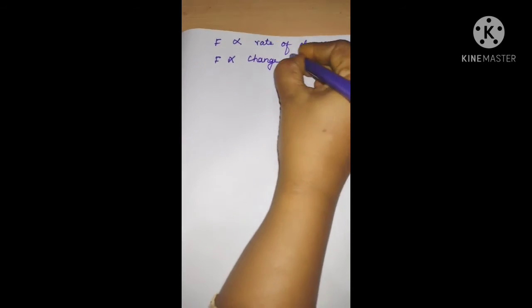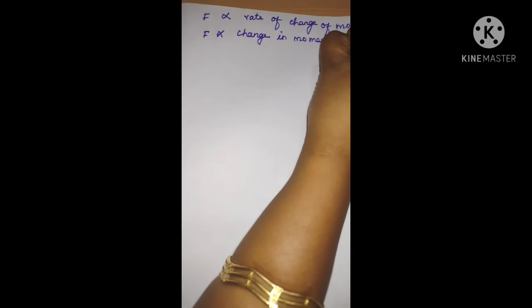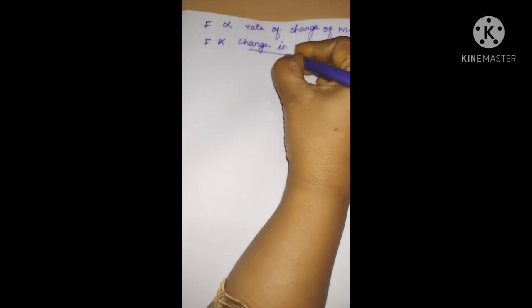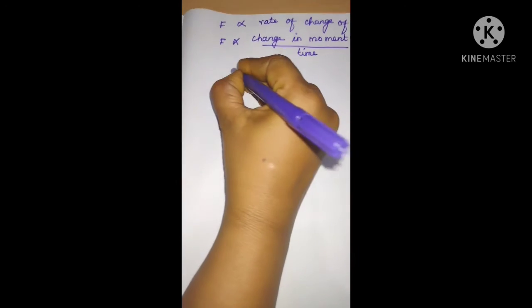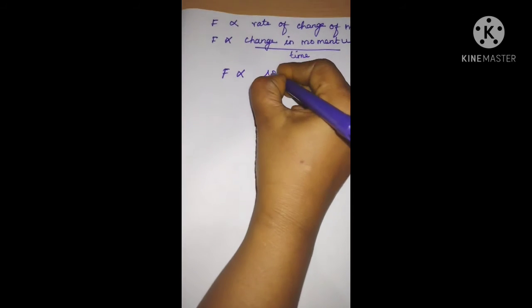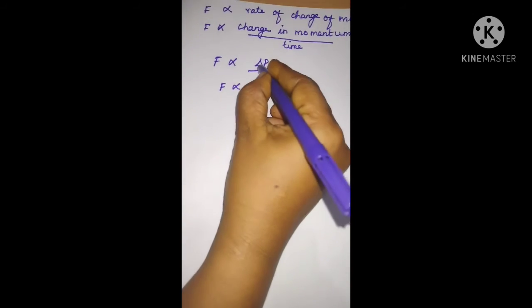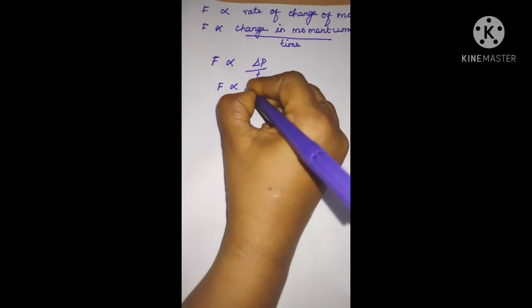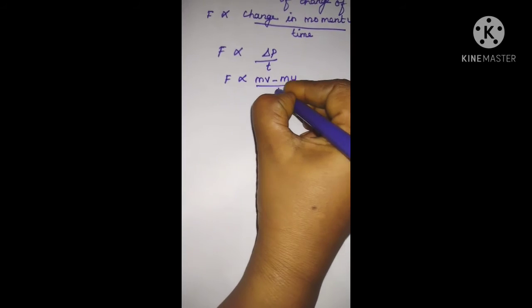F is directly proportional to delta P by t. So F is directly proportional to, delta P means what? mv minus mu by t.